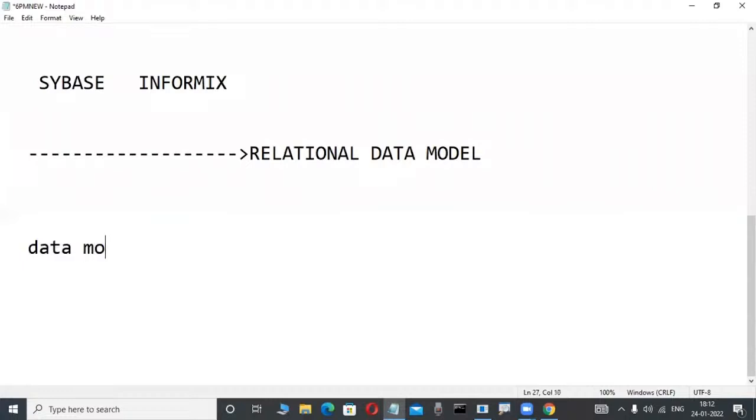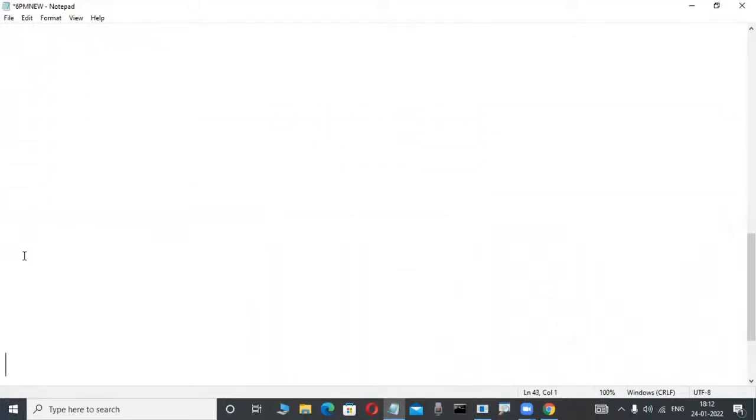What is a data model? Slowly observe here. Anybody who attended the previous class, I told one thing. Suppose Oracle is the product here. This Oracle database, or any relational database, has two types of structures, as I told in the previous classes.